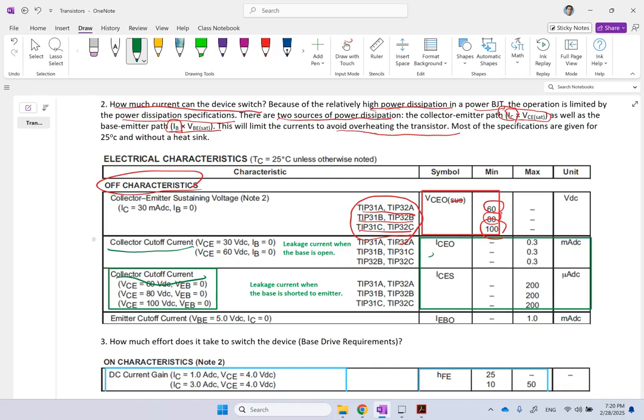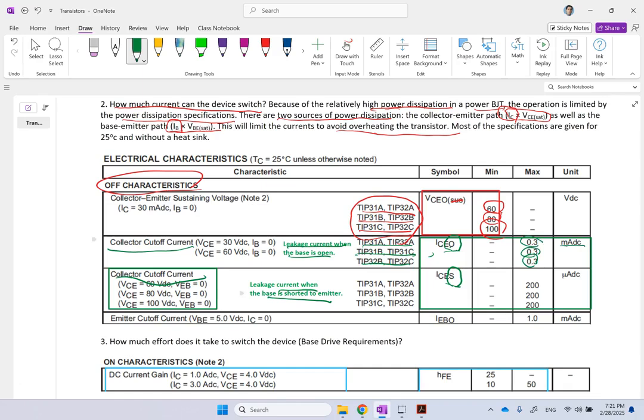Okay, so they are both ICs, the current in the collector path that it can basically turn off. But what's the difference? EO and ES. It's a current from collector to emitter. One of them is O, which is for open circuit. The other one is S, that is for short circuit. So if the circuit is open, how much current can it hold back? Depending on the category of the transistor, it is 3.3 milliamp DC.